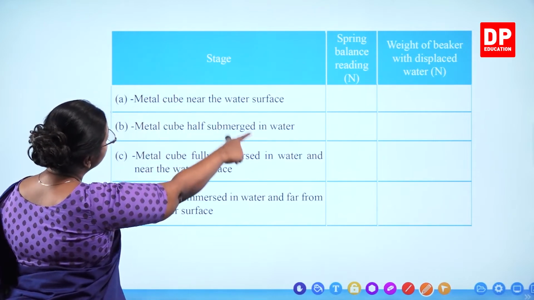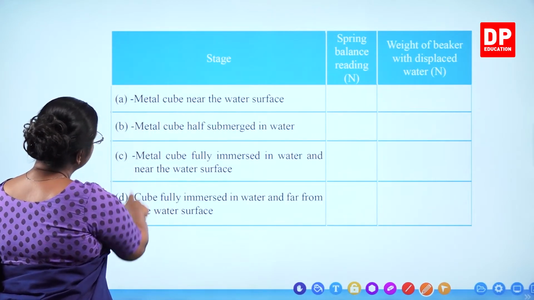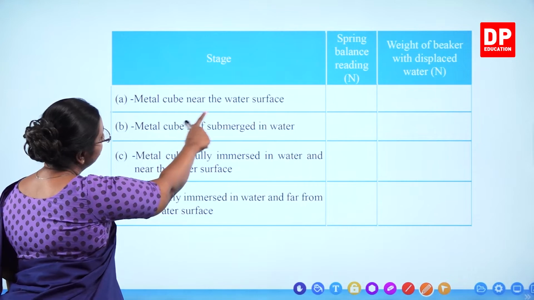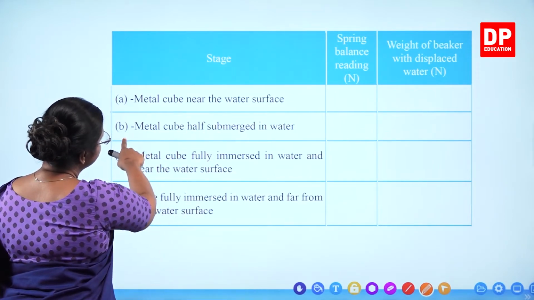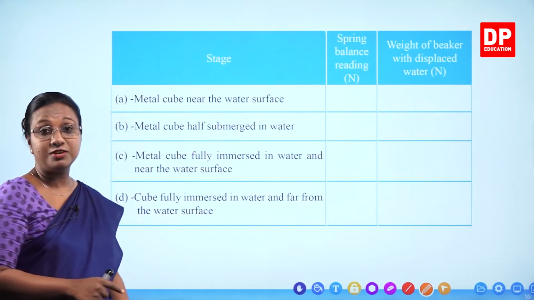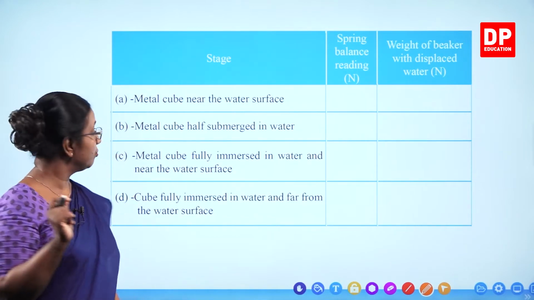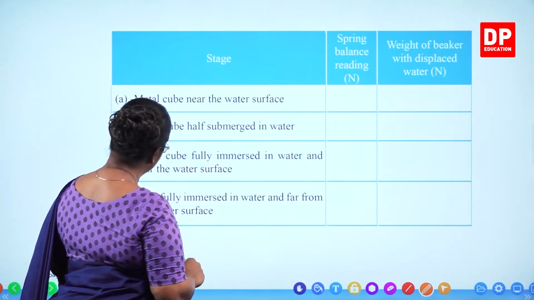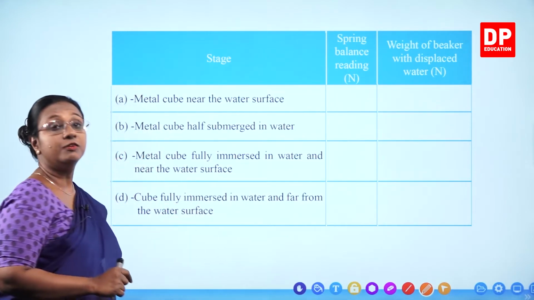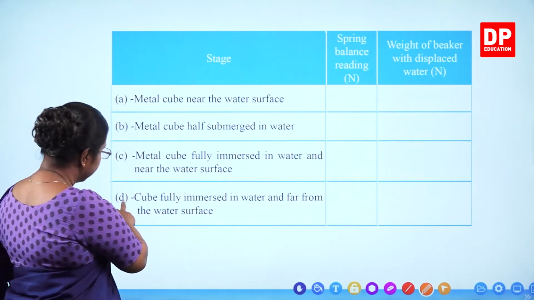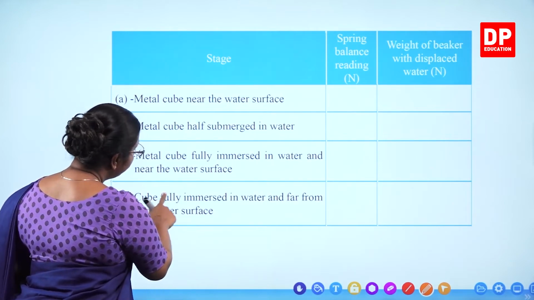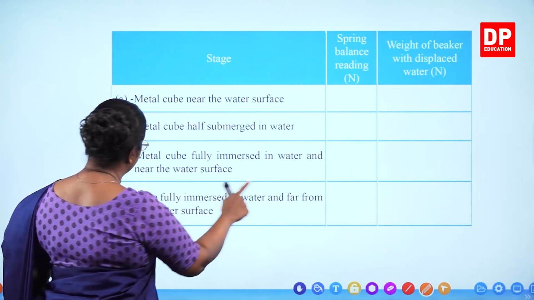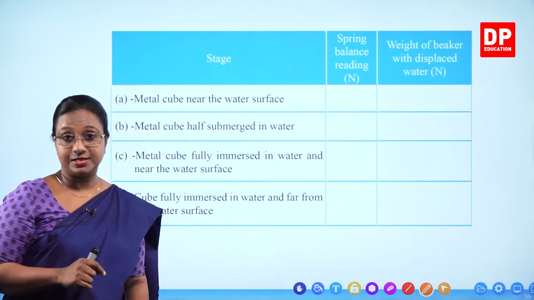The first column is the stage, the 4 different stages: A, metal cube near the water surface; B, metal cube half submerged in water, that is the half volume mark; C, metal cube fully immersed in water and near the water surface; and the last instance, D, cube fully immersed in water and far from the water surface.